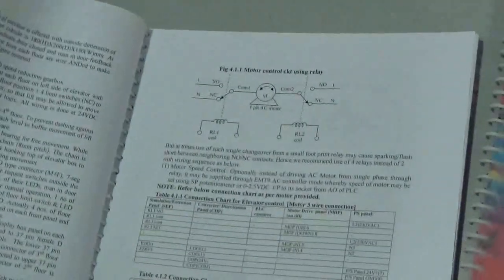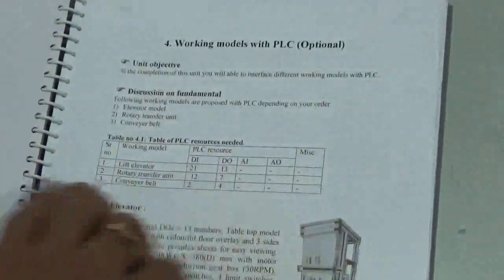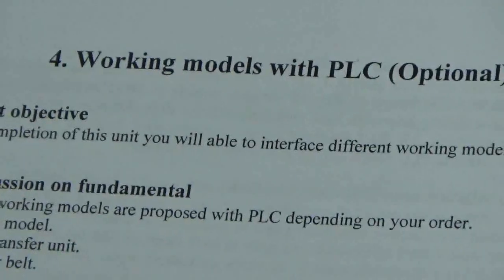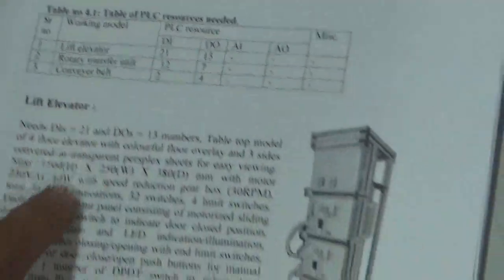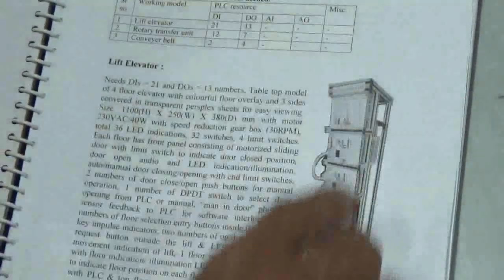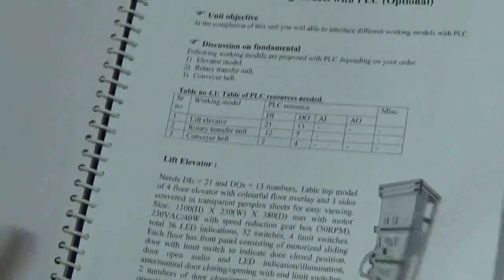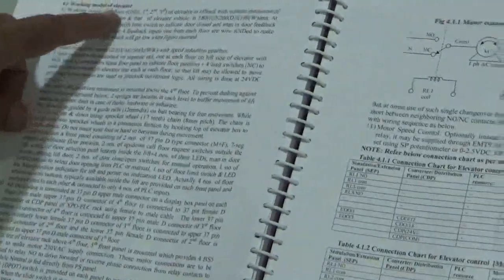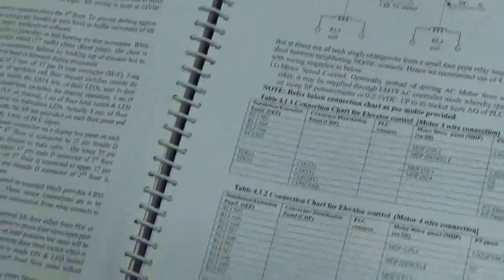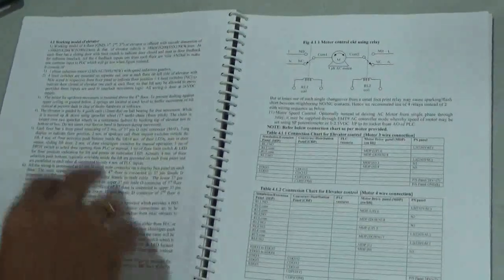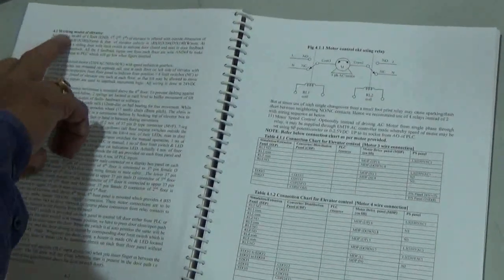Yes, this is the working model, chapter number 4. Now we are studying the lift elevator, so all the description related to the lift elevator is given here: the fundamental description and the working model of the elevator. The procedure and all concepts are clear, which is given in this 4.1.